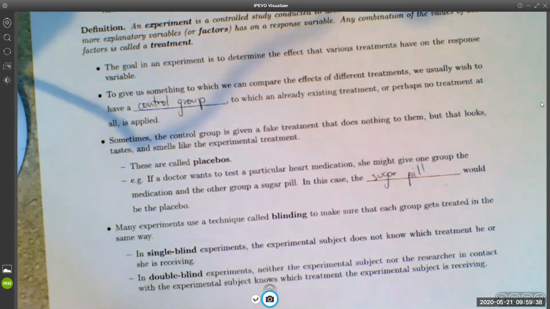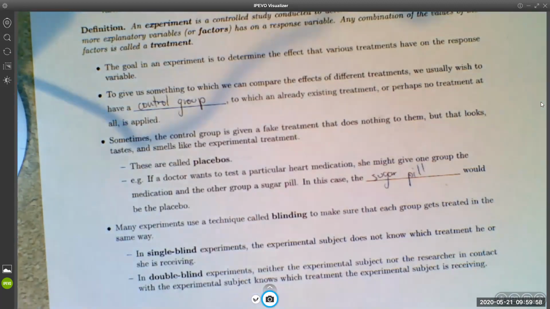And so the only way to determine that would be to give the control group a placebo, so that if in both groups you have 5% of people say they experienced a headache, then that way you can be sure that the people who received the heart medication weren't experiencing headache because of the medication.